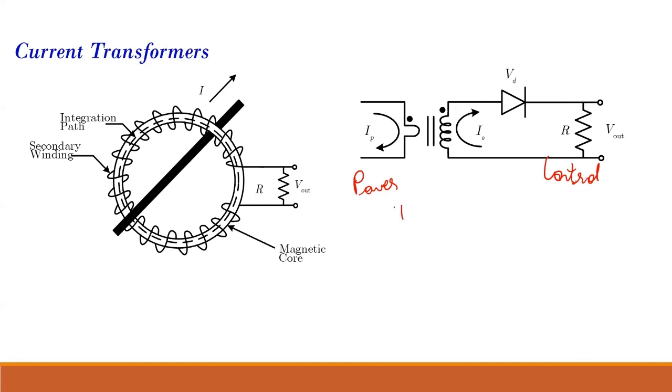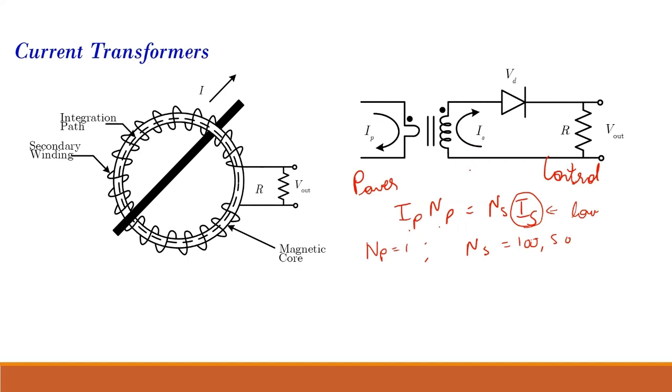We know IP into NP is equal to NS into IS, where NS is the number of turns in the secondary, NP is the number of turns in the primary, IP is the primary current and IS is the secondary current. There are various commercial current transformers available. Usually NP is 1 and NS is very high, in the order of 100, 50, etc., such that the IS current is of low magnitude.